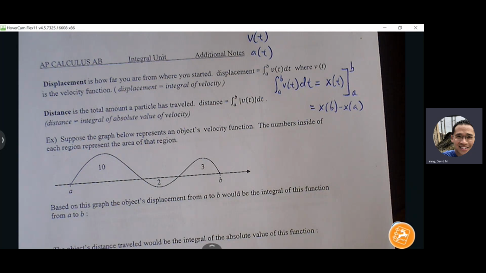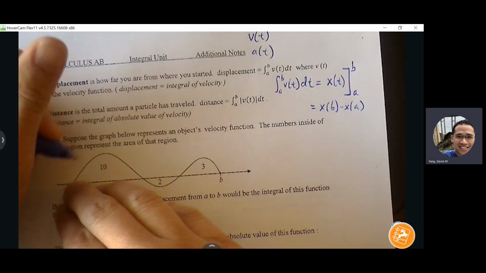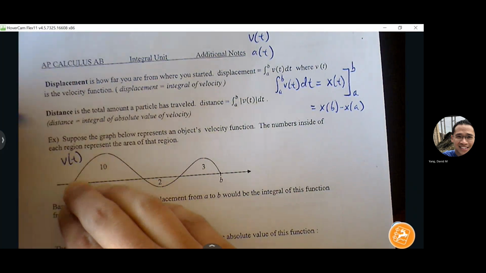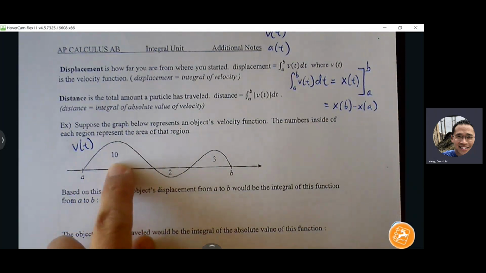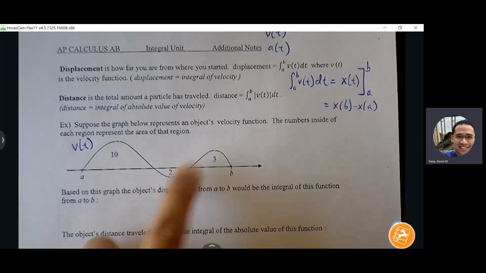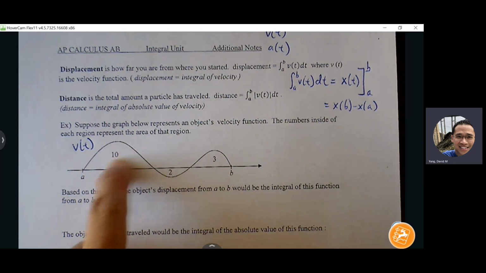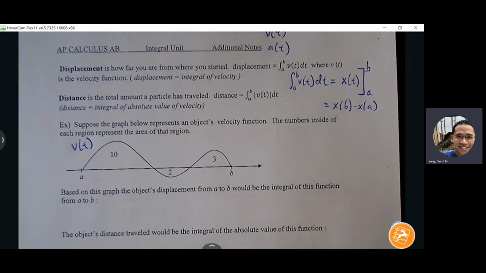Suppose the graph below represents an object's velocity function. The number inside each region represents the area of that region. So the 10, the 2, and the 3, this really tells us how much the object has traveled.